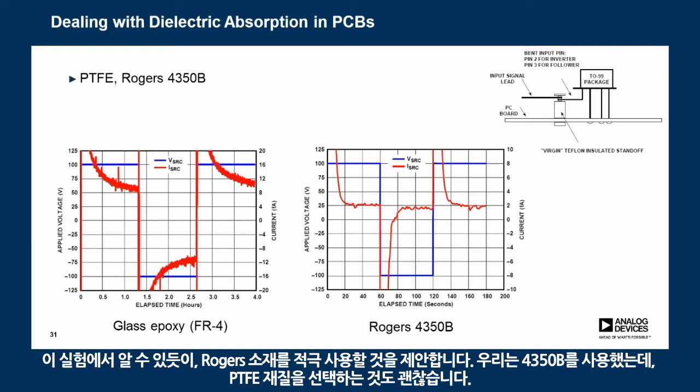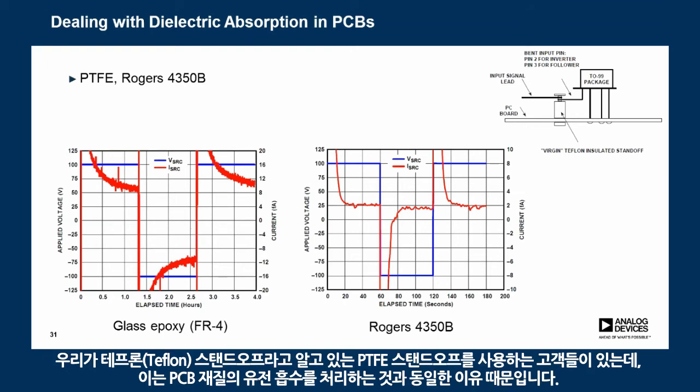So from this experiment, I highly suggest you consider using Rogers material. In particular, we use the 4350B, or you can choose to use PTFE material as well. We have commonly seen customers using PTFE standoffs, or what we know as Teflon standoffs, for the same reason, to deal with dielectric absorption of the PCB material.